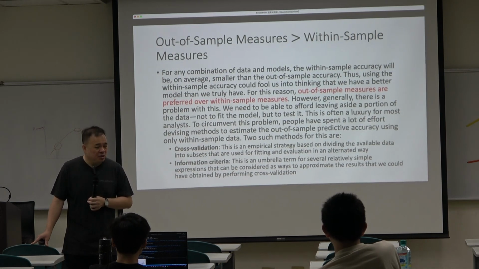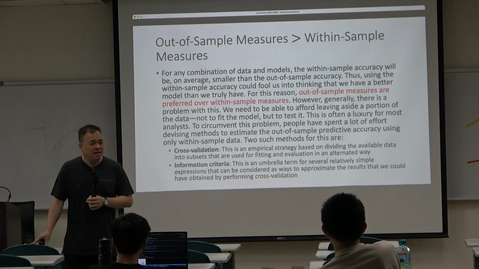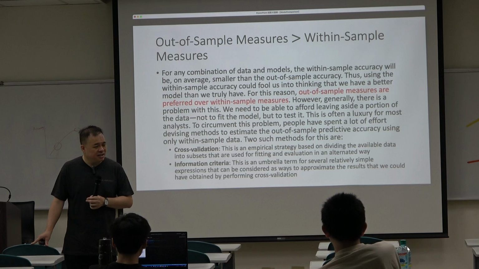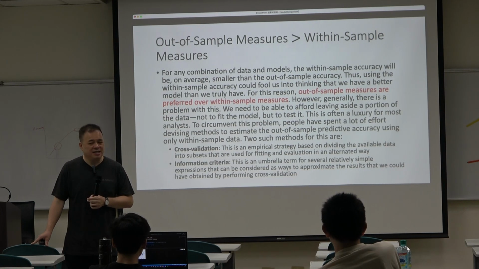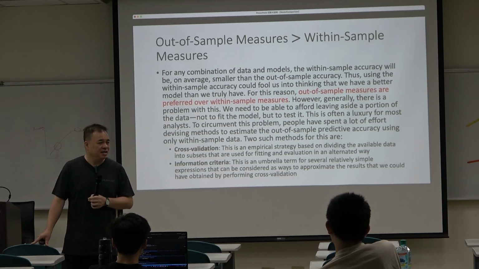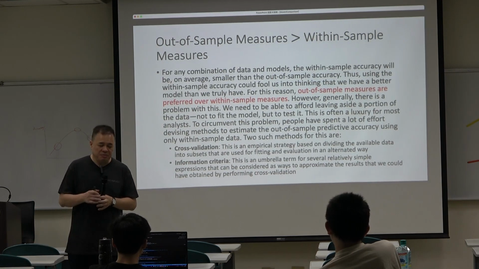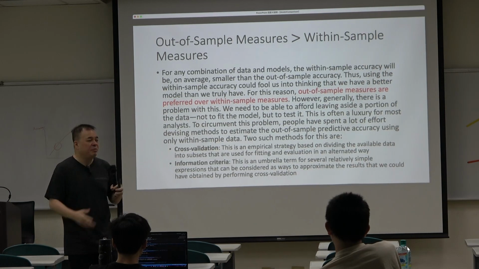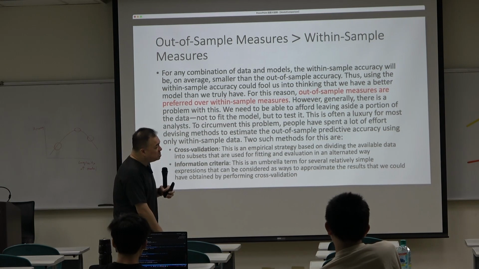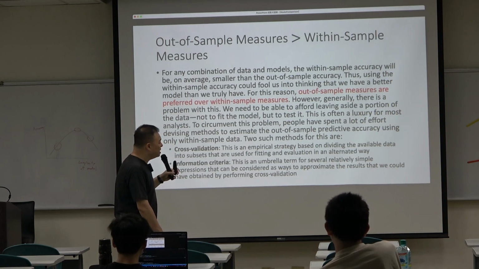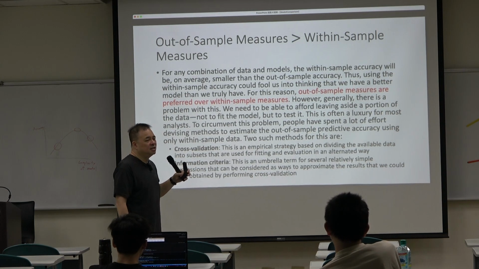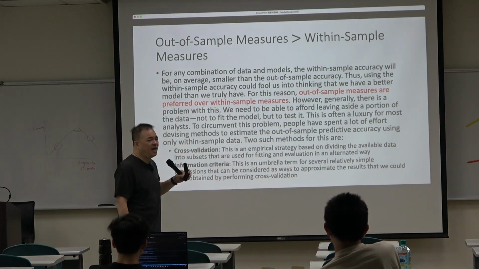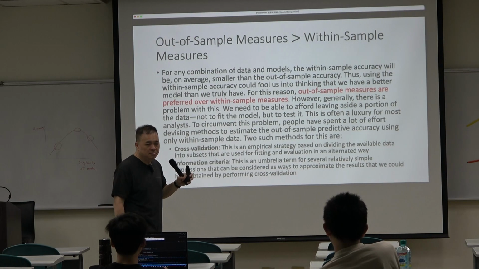Why? Because the size of the data that you use for Bayesian data analysis is normally a lot smaller than the size of data you use for deep learning or machine learning. Let me put it this way. If you use a data set for Bayesian data analysis, normally the size of data is within tens or hundreds.